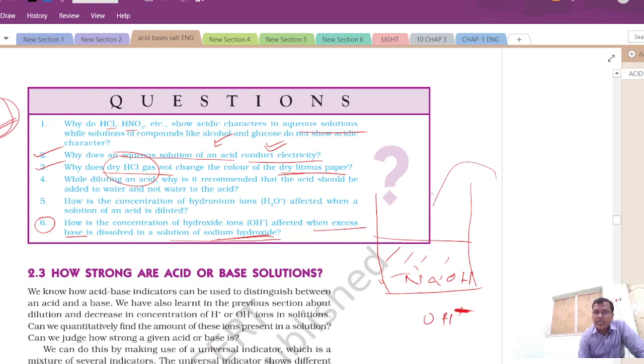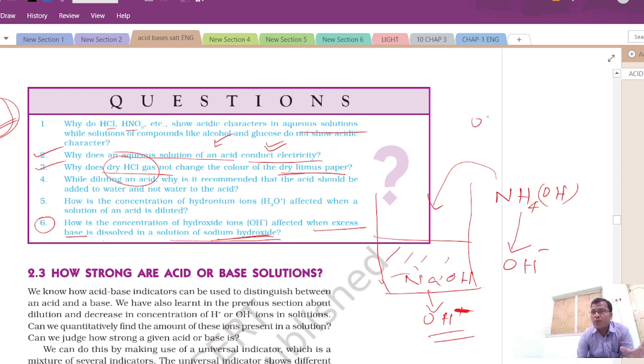If you add excess base, suppose ammonium hydroxide, NH4OH, is being added to it, then what will happen? NH4OH will also liberate OH- ion in the solution. So ammonium hydroxide and sodium hydroxide both liberate OH- ion.